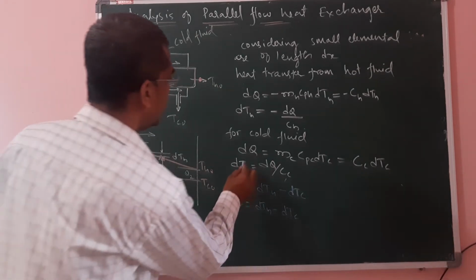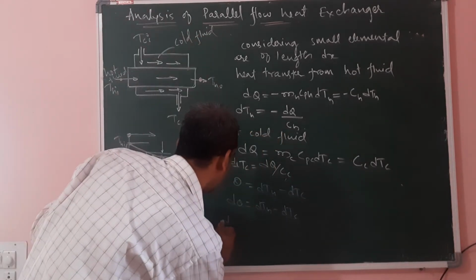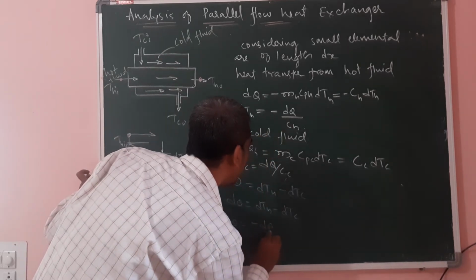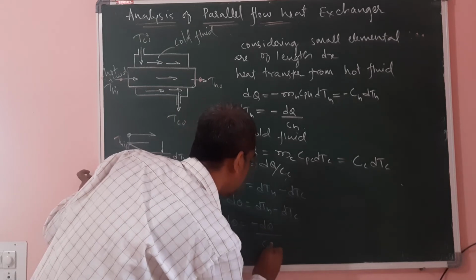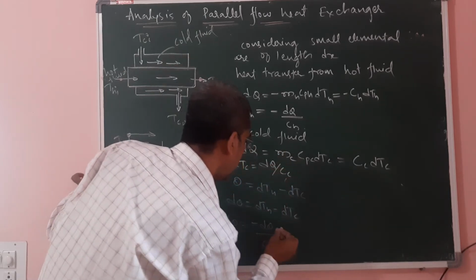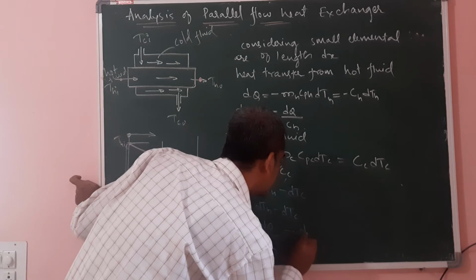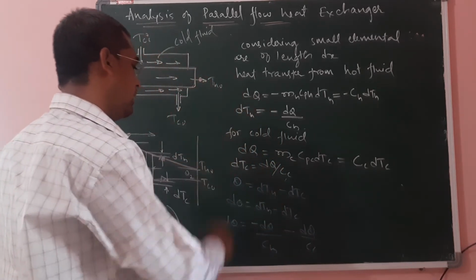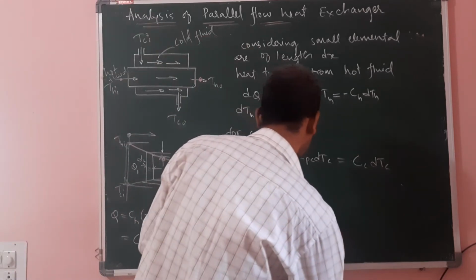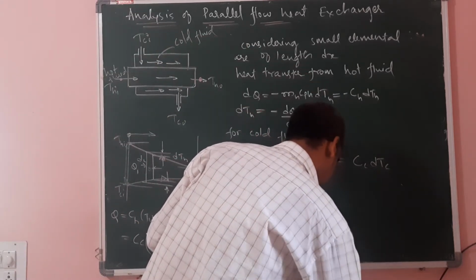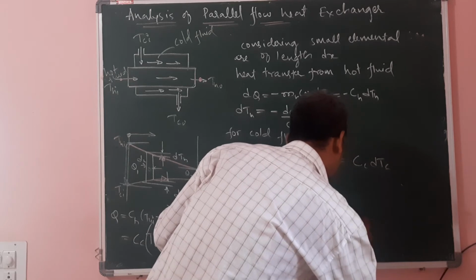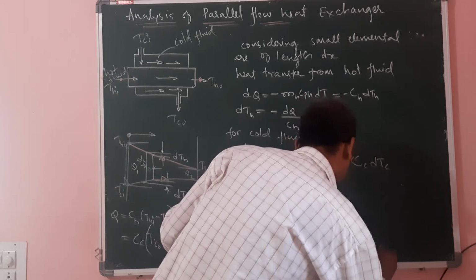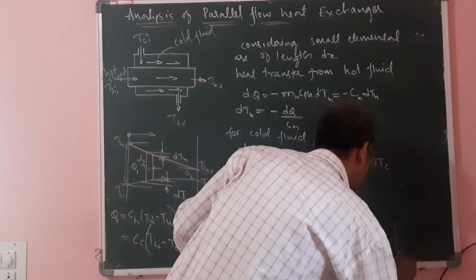Therefore d theta is equal to dTh, which is minus dq divided by Ch, minus dTc, which is dq divided by Cc. I can take dq as common. It will be 1 divided by Ch plus 1 divided by Cc, with a negative sign because minus I have taken.